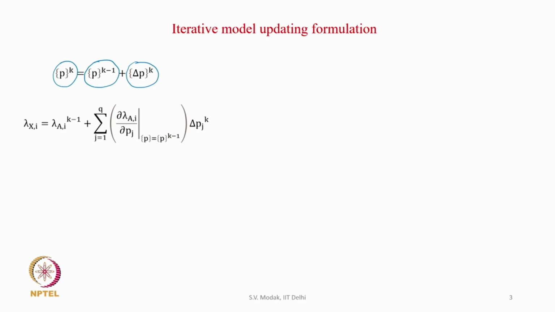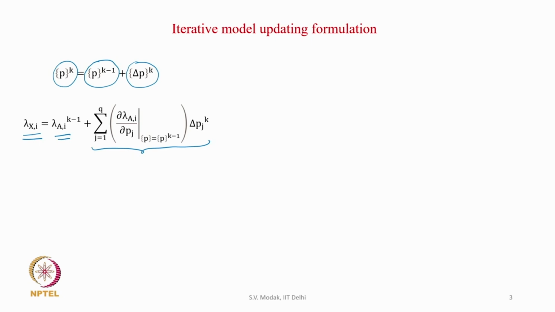Subscript i represents the ith modal data, so lambda_xi represents the ith experimental eigenvalue, and lambda_ai represents the ith FE model eigenvalue. Subscript j represents the jth updating parameter. Here the eigenvalue lambda_xi is linearized about the FE model eigenvalue at the start of the iteration, and this quantity is the change in the eigenvalue because of changes in different updating parameters.